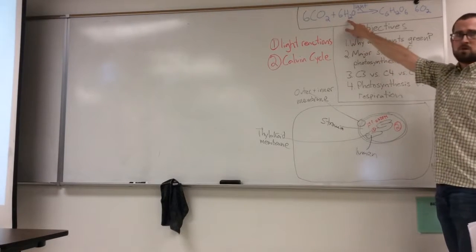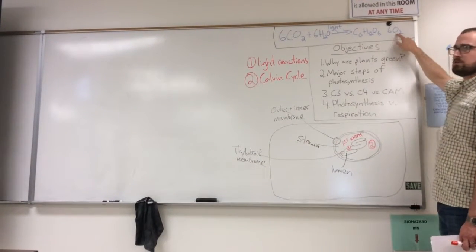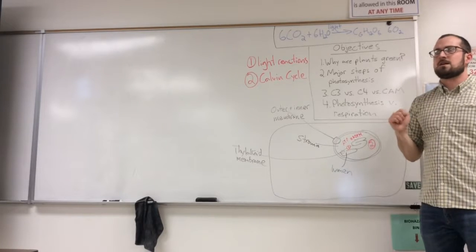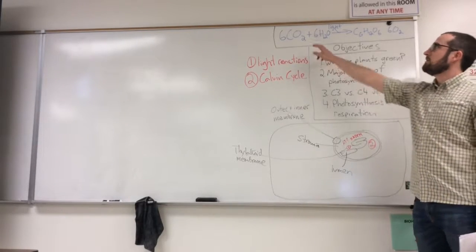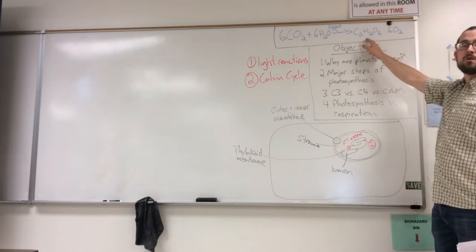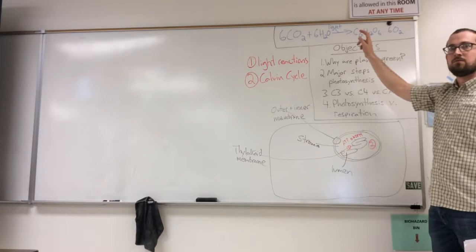So we've used water, we've used light, and we've produced oxygen. But what we haven't done yet is we haven't used CO2 and we haven't produced any glucose. And so that's what we're going to be doing with the Calvin cycle.